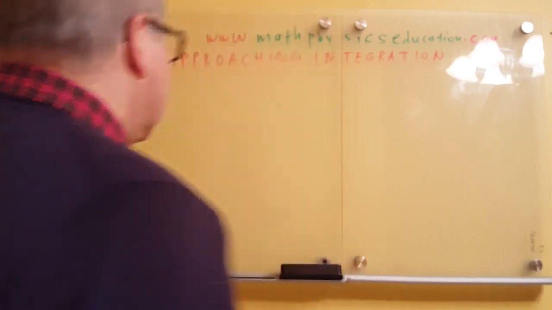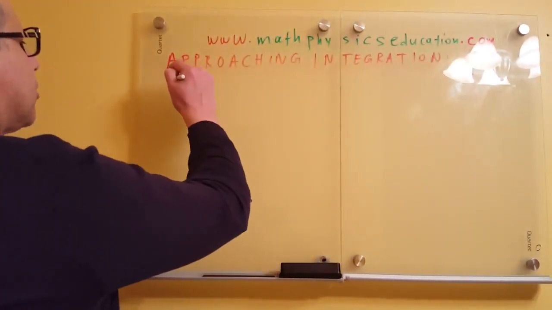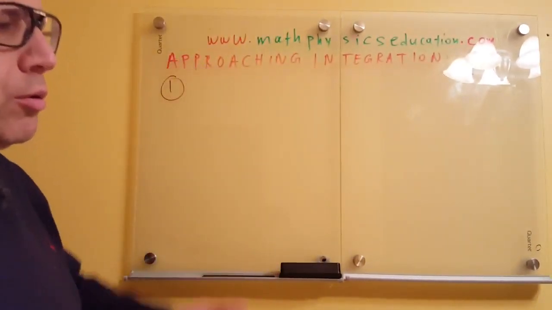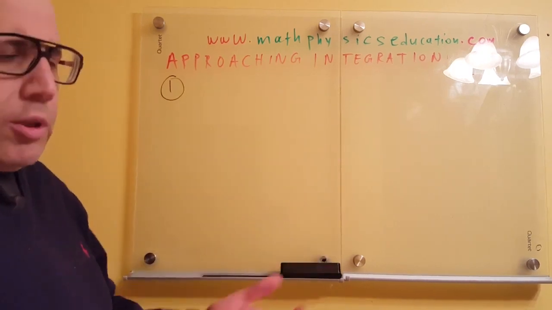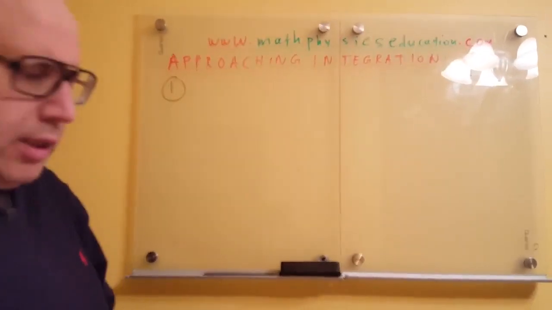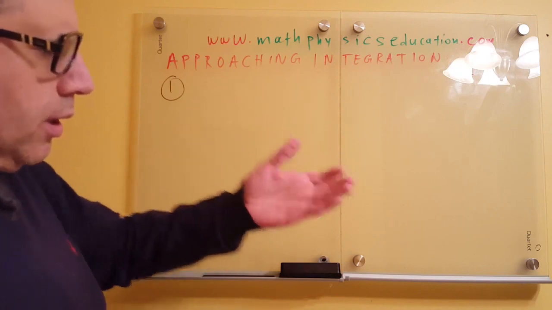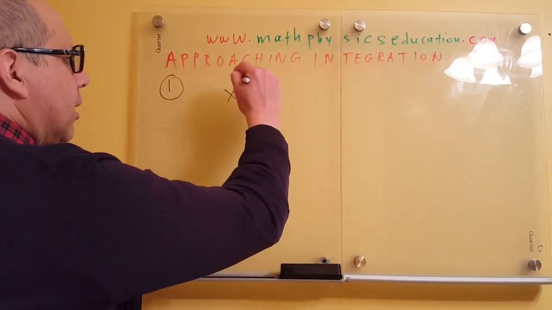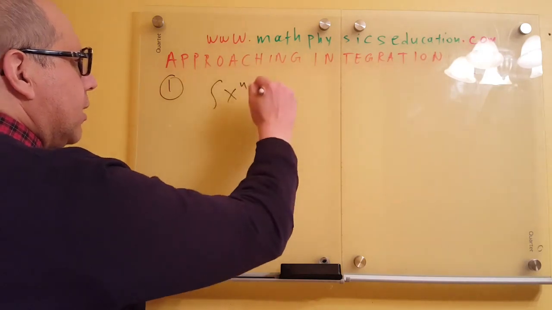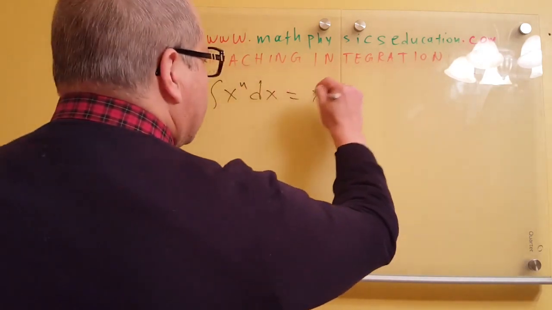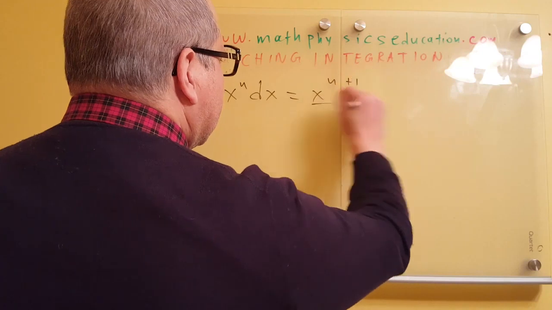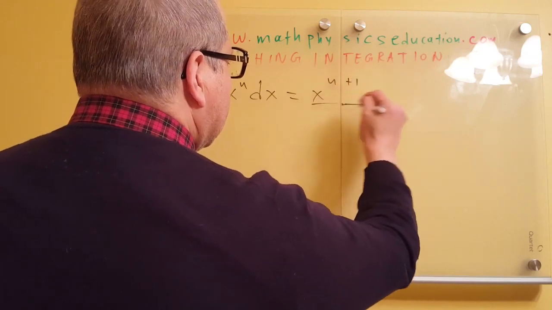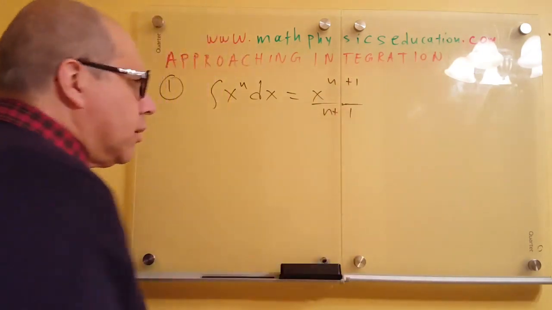So, let's start. The first one, of course, you start from the easiest, which is when you have to apply directly a rule of integration, like the integral of x to the n dx is equal to x to the n plus 1 over n plus 1.